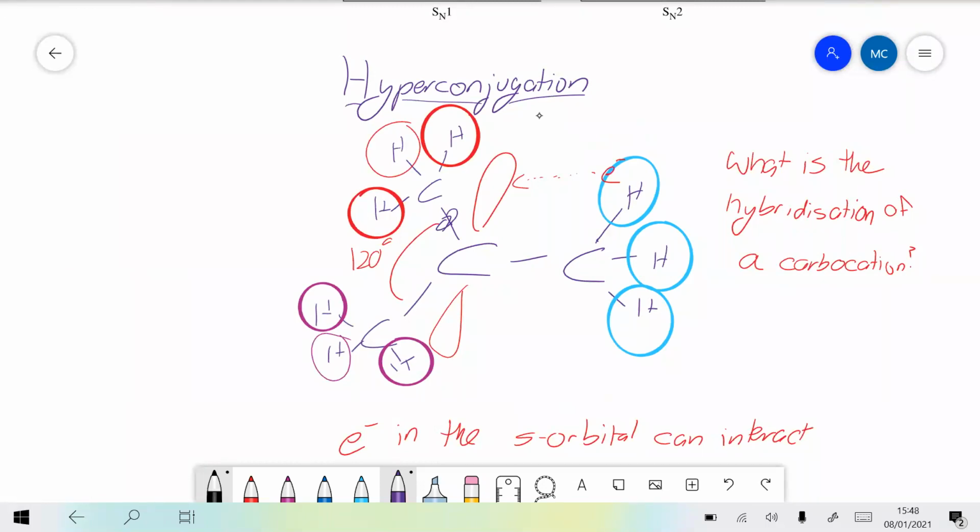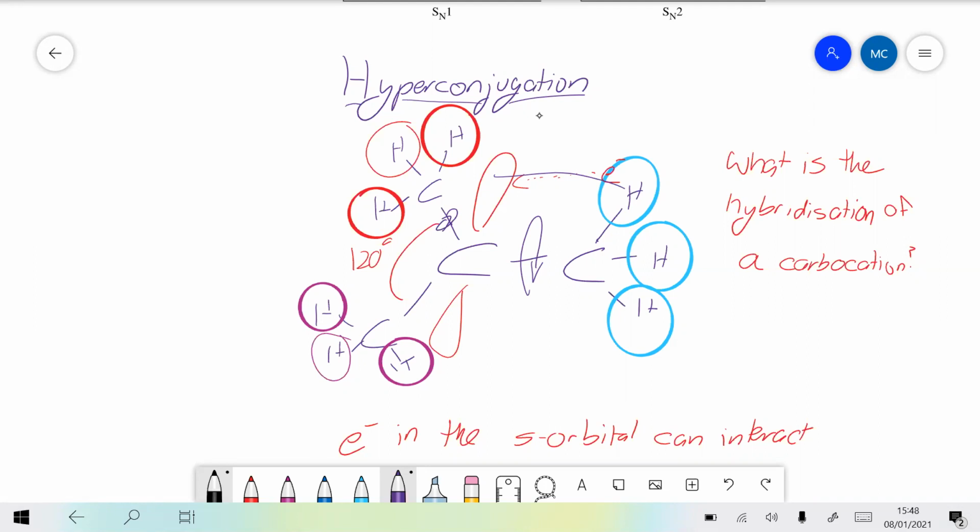Remember, these are 3D. So since these are 3D, there will be rotation over that bond. And once there is rotation over that bond, there's an interaction, then it stops. Then there's an interaction, then it stops. It's similar, I dare say, to a hydrogen bond. It's there, then it's not. It's there, then it's not.